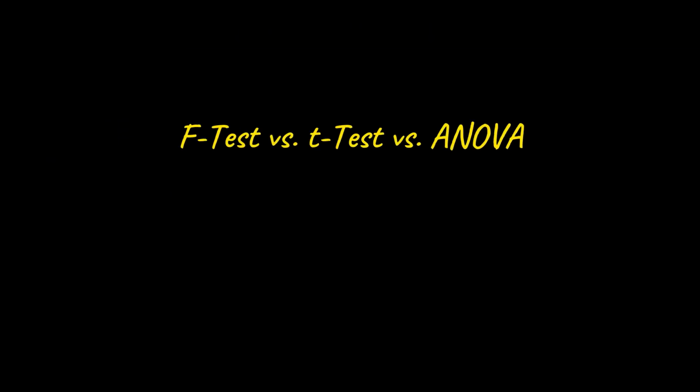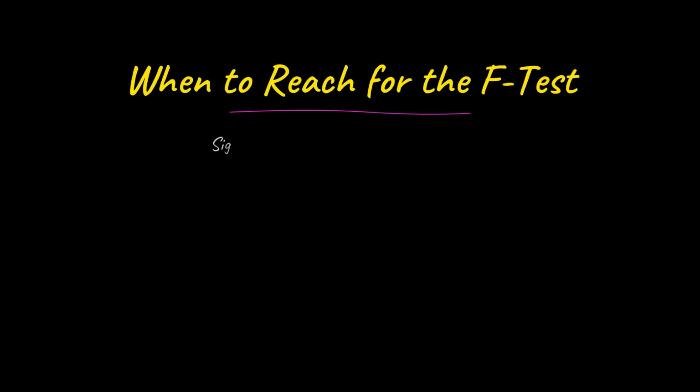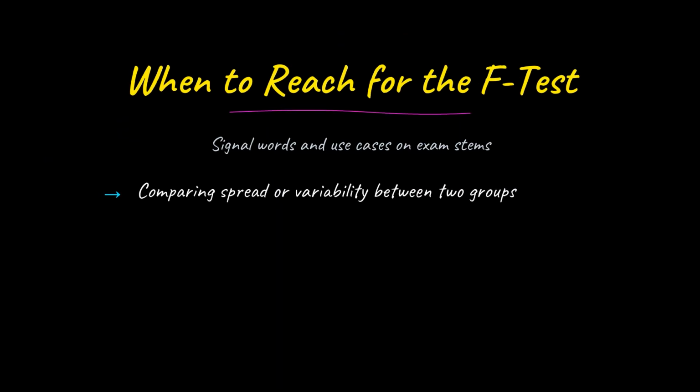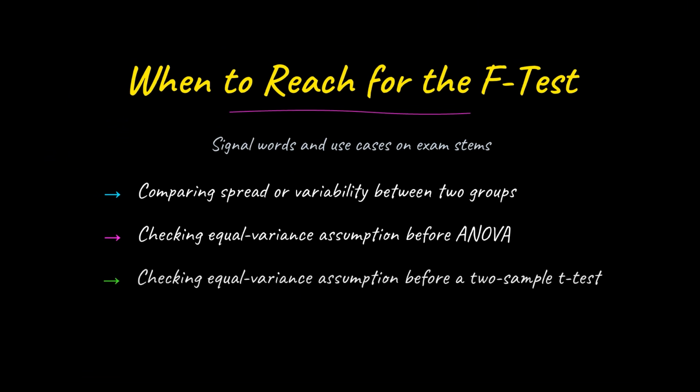A common exam trap is blurring these 3 tests. The F-test compares variances. The t-test compares 2 means. ANOVA compares means across more than 2 groups, but uses an F ratio internally. Each answers a different research question. On exam day, look for stems that describe an analyst verifying whether 2 populations have similar spreads, or performing a preliminary check before another parametric test.